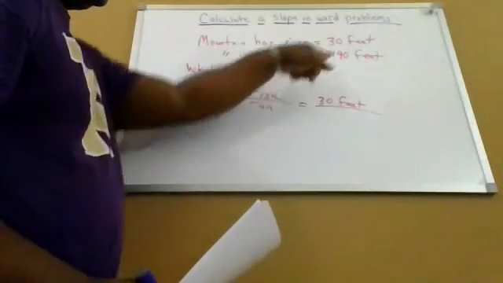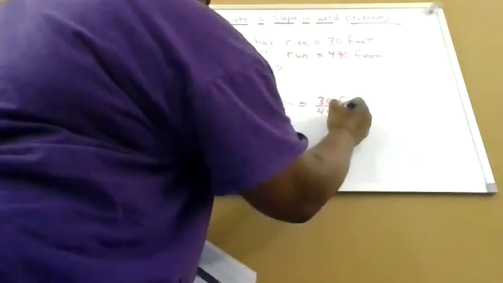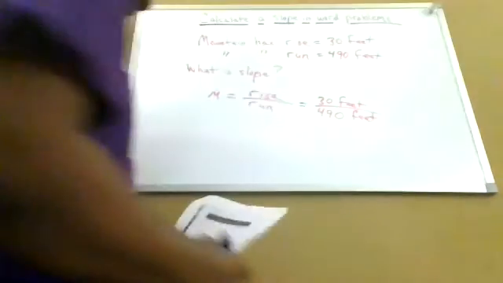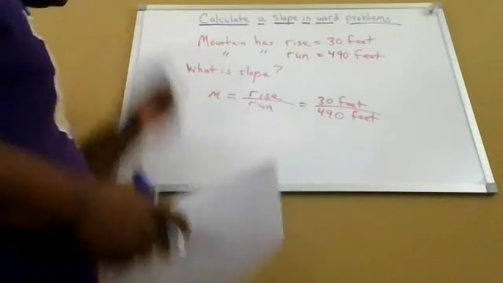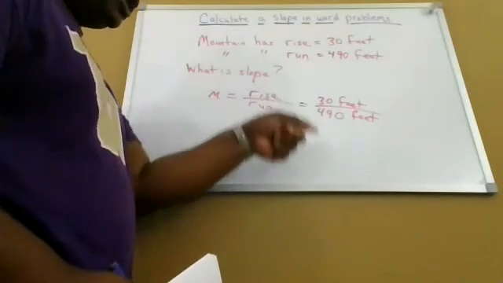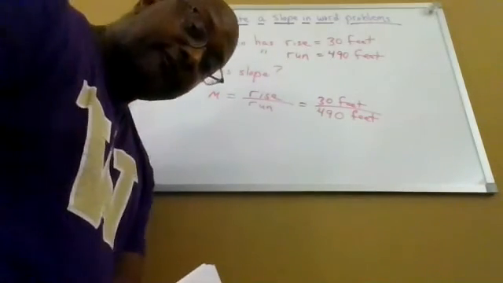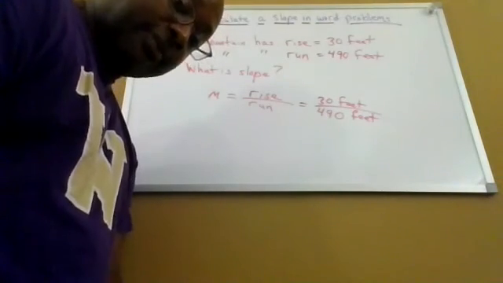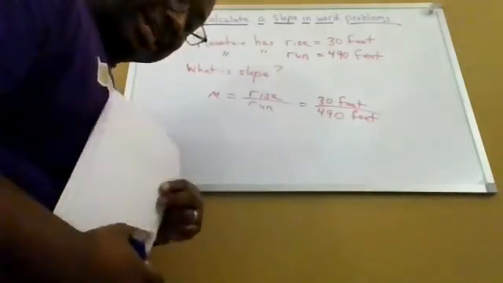And the run equals 490 feet. Now, 30 and 490, you can find the greatest common factor. You can work that out. But I'll go ahead and just tell you that the greatest common factor is 10. So I can divide that numerator and denominator by 10.